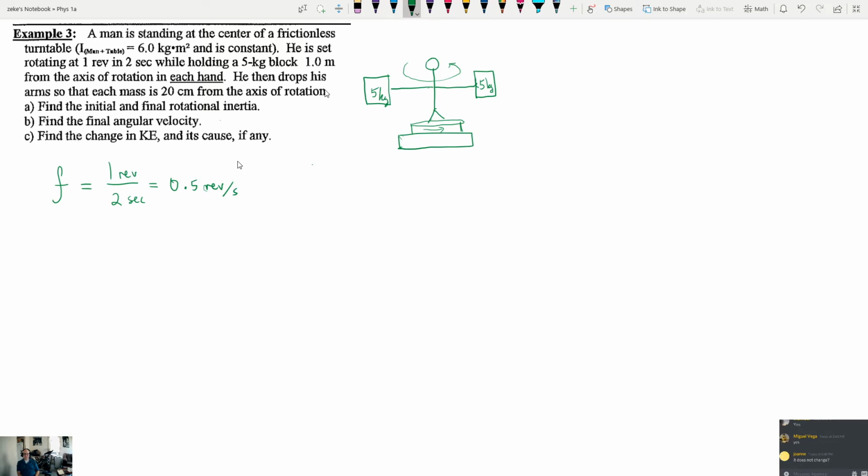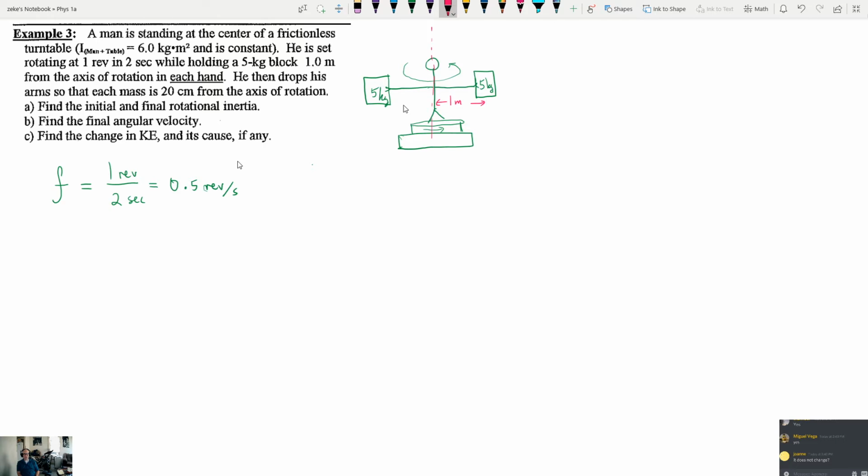He's holding these masses, 5 kilograms, and they're 1 meter from the axis of rotation. So the axis of rotation is coming down like this, and 1 meter is going to be this distance right here, and this distance right here.